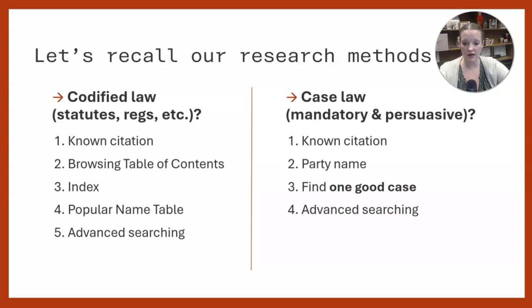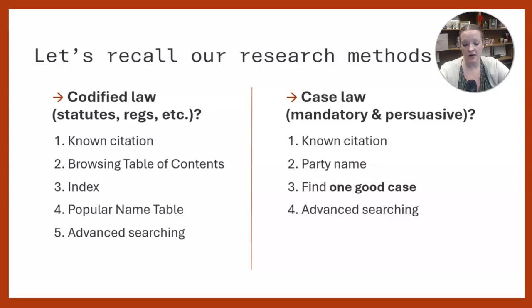But that is generally not going to be the case that we will be handed the precise citation, right? So oftentimes you will browse the table of contents to look through that statutory structure and framework in order to see how this area of law is laid out within the statutory framework.